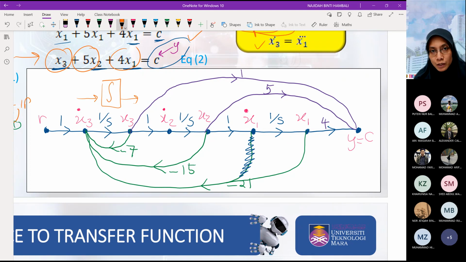In this case, it will be represented by the polynomial function 1 over S. So between X2 dot and X2, you must put 1 over S. Between X1 dot and X1, you must put 1 over S.